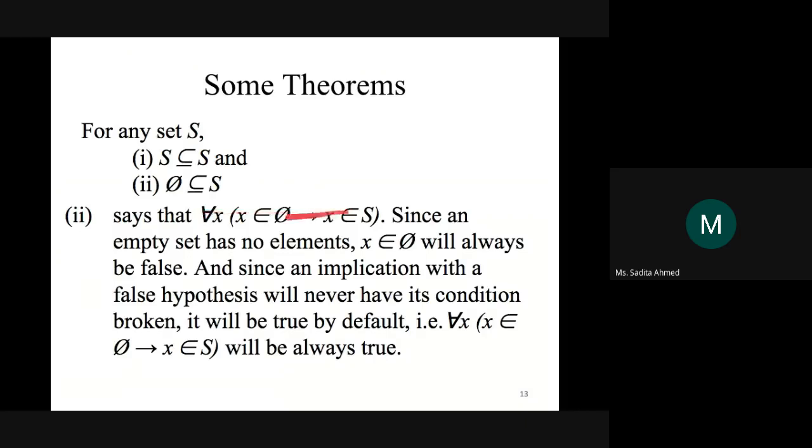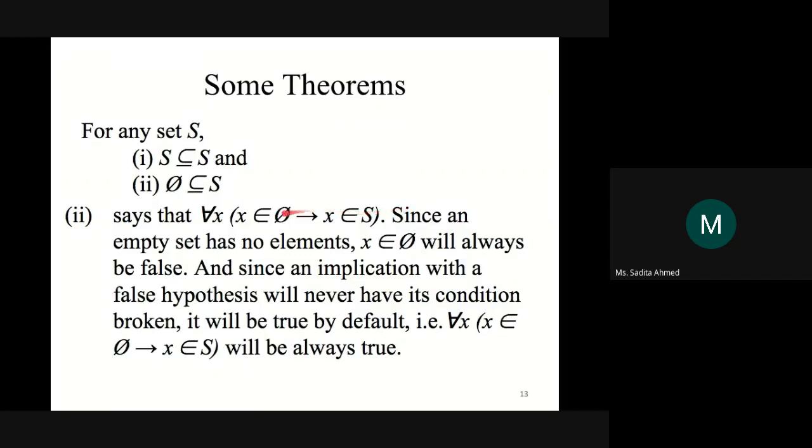So if the hypothesis is false, this entire implication will always be true. We can see by looking at the hypothesis that it will always be false. So the implication will always be true.